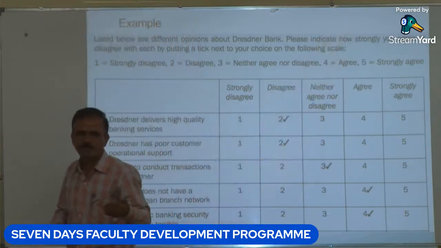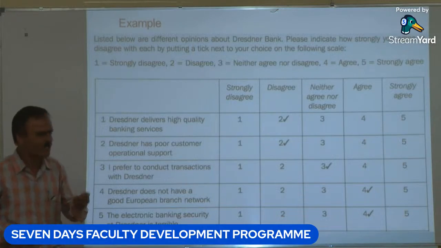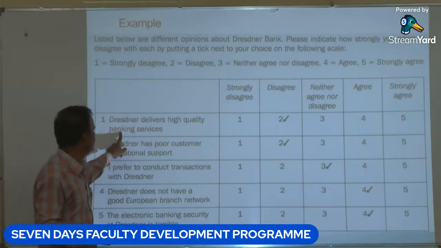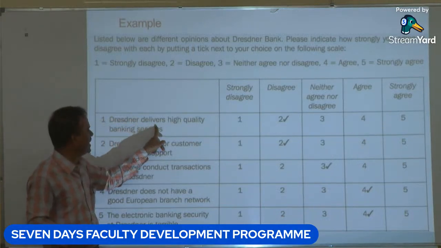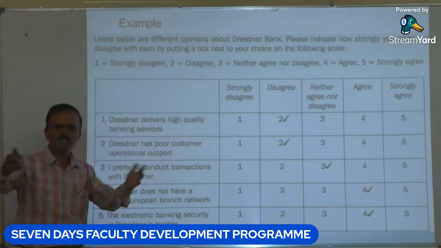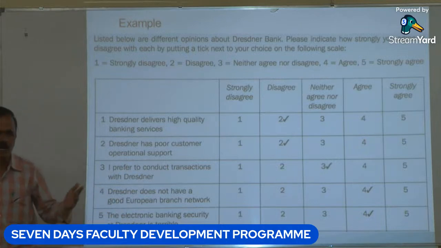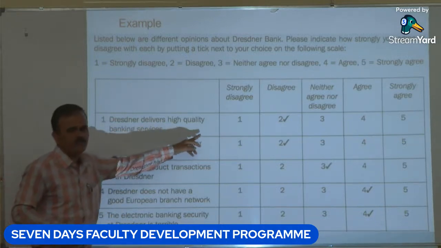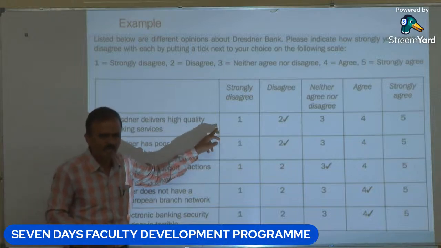Because, for example, if I calculate the arithmetic mean related to this, the bank delivers high quality banking services. Let us assume that you have 300 customers and get opinions from these 300 customers related to this variable.